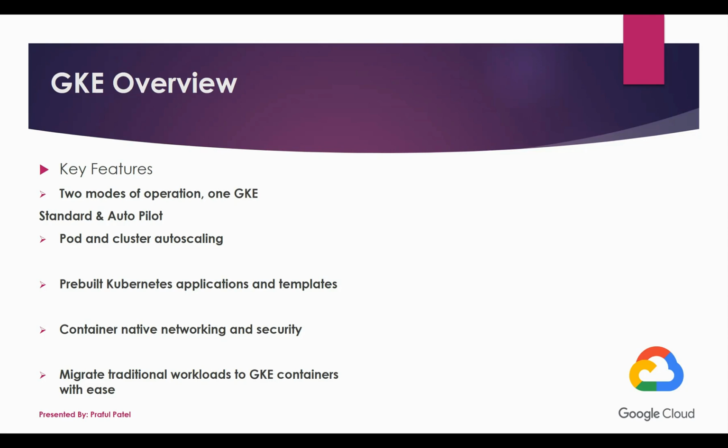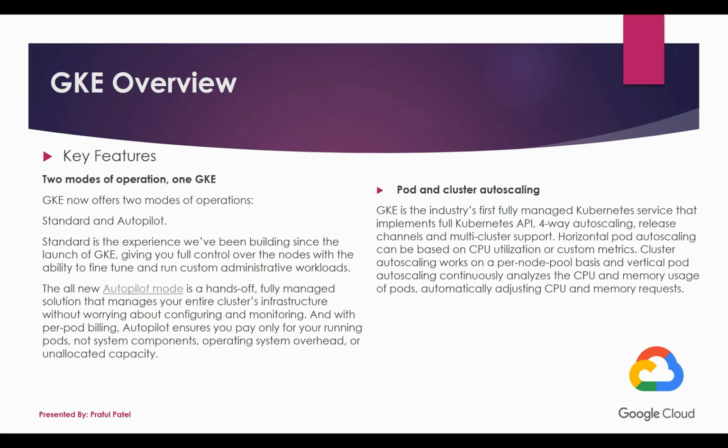There will be pod and cluster auto scaling as well. In order to achieve high availability in Kubernetes, we need to auto scale the cluster with some replicas so that it is always highly available. It also provides some pre-built Kubernetes applications and templates, container-native networking and security, and easily migrates traditional workloads to GKE containers. So those are the features of GKE.